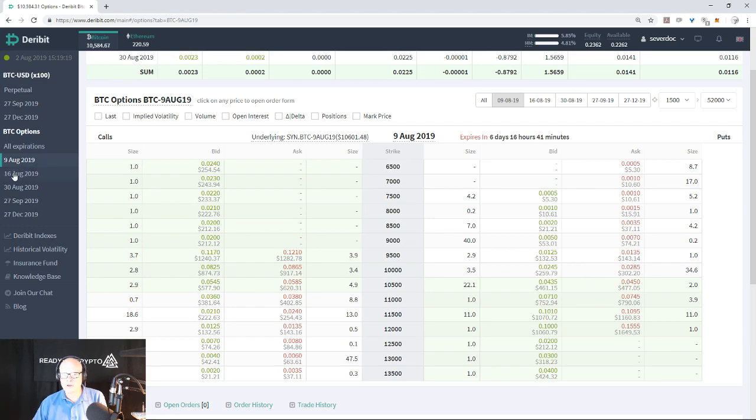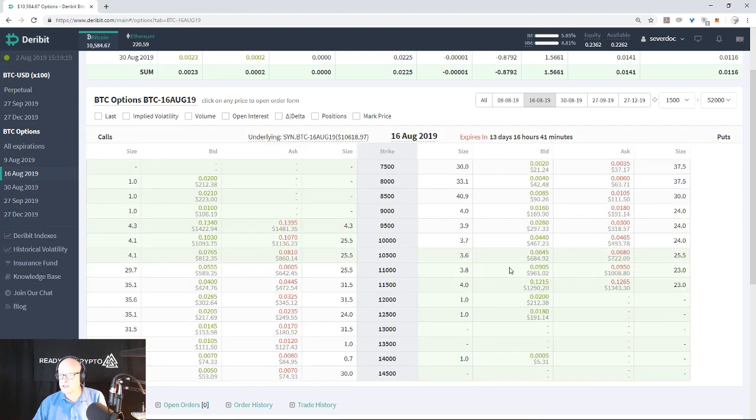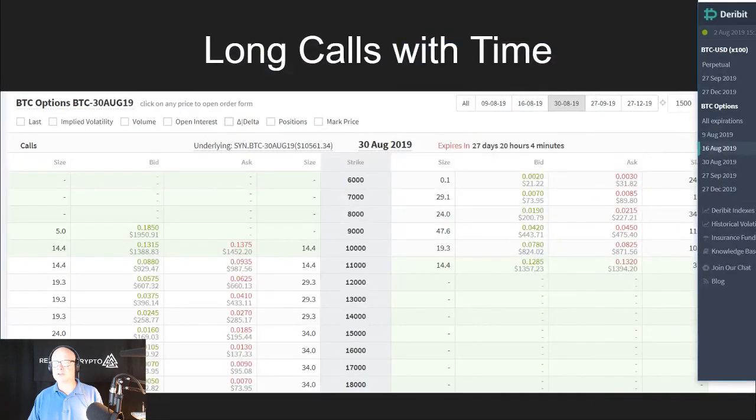And then that same put option for the 16th of August is going to be closer to $470, $480 at that $10,000 strike, right? So keep looking at this. Look as much as you can on the option chain. Learn to work with that option chain so that you understand what's happening with the pricing of these, okay?